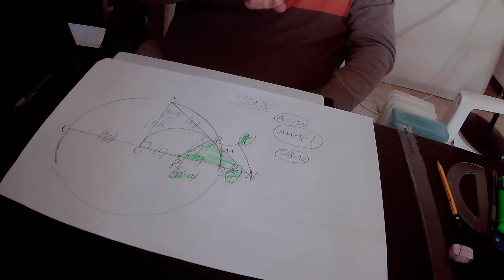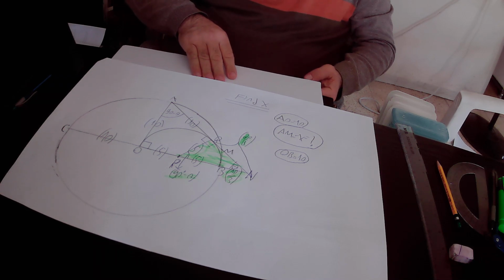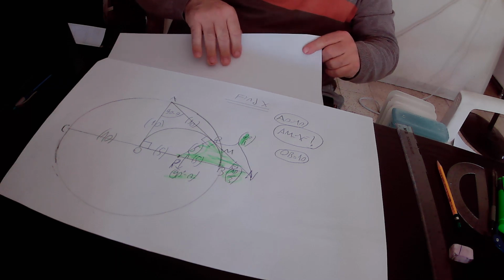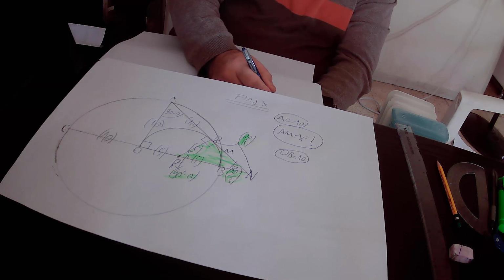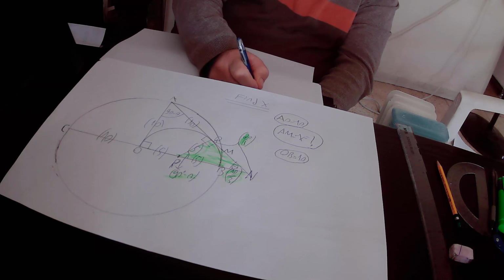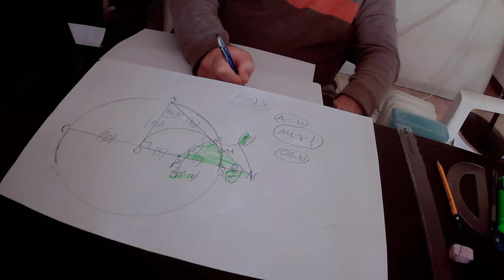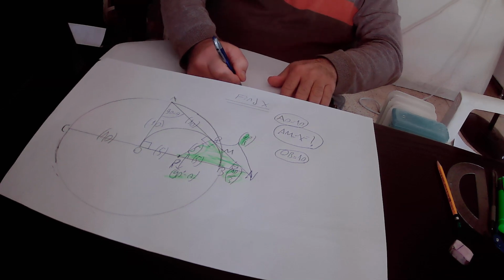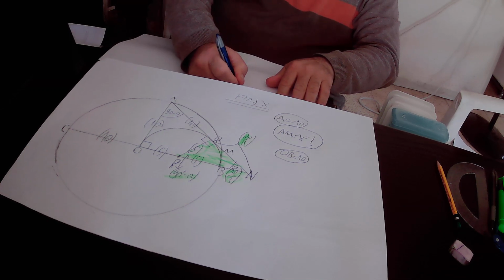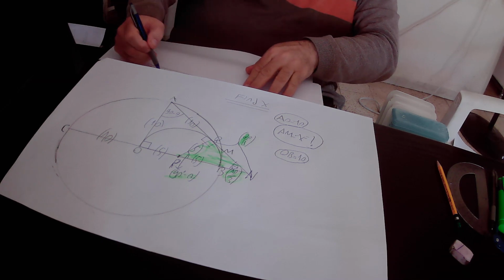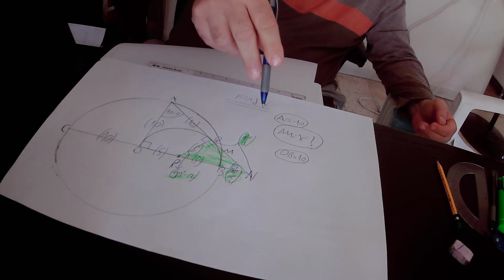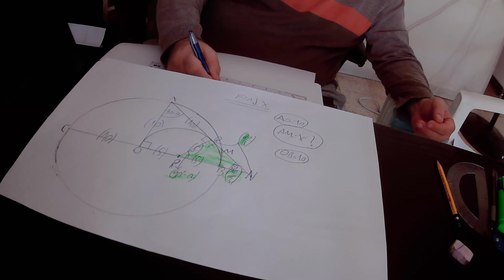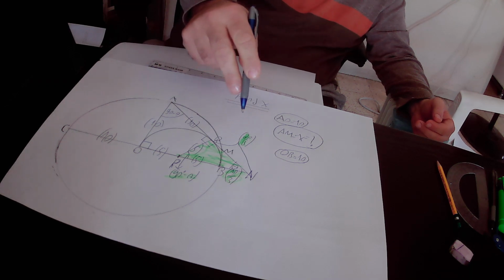So I write it down. If we focus on the common external point N, according to rule number 14, NB times NC equals NM times NA.